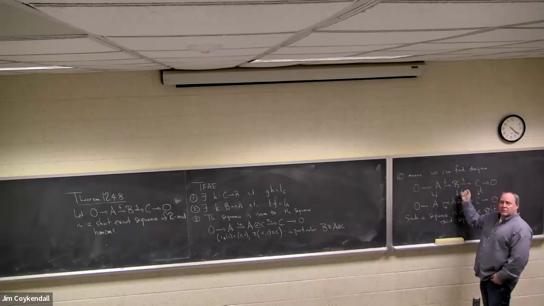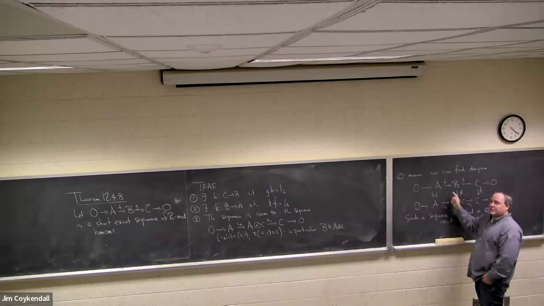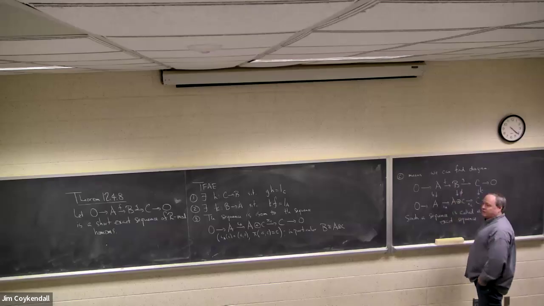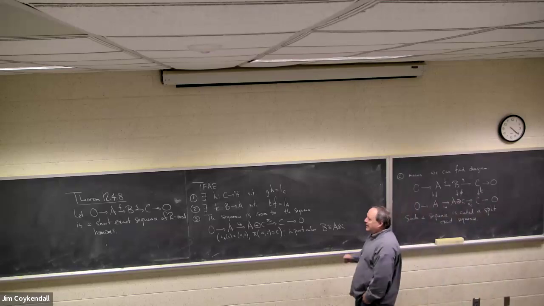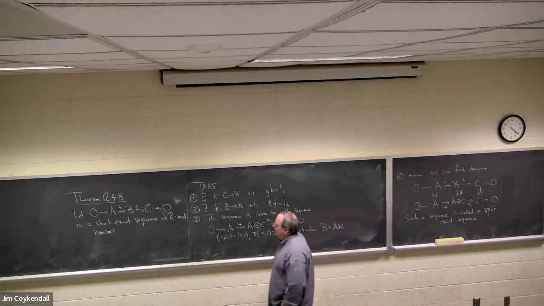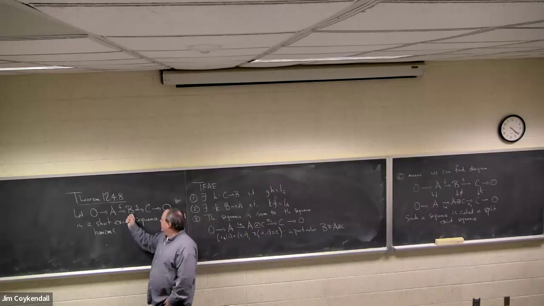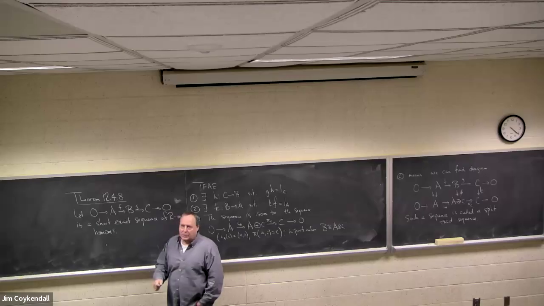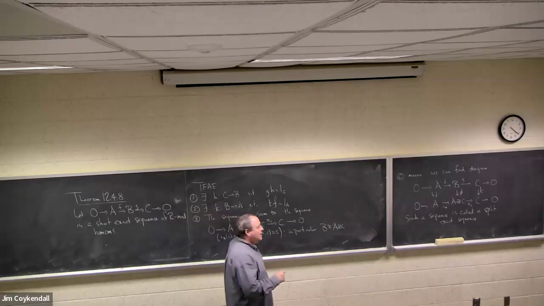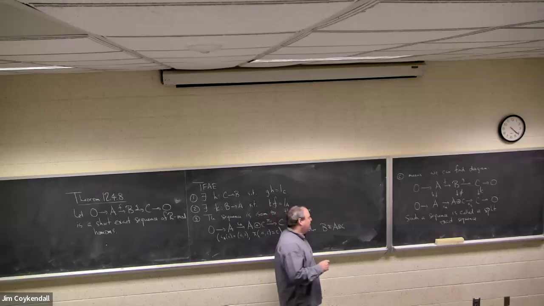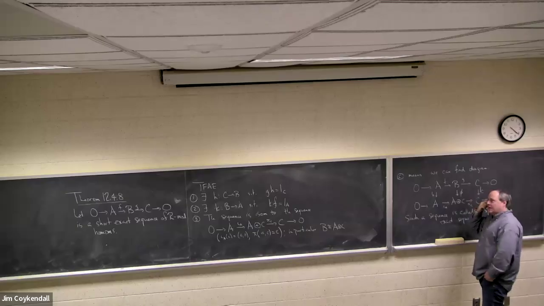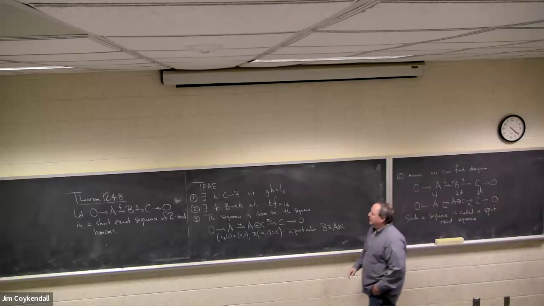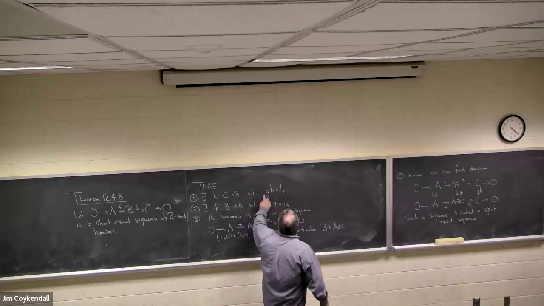We've seen some short exact sequences that definitely aren't split exact. We saw Z2, Z4, and Z2, and there's no way that splits because Z4 is not the direct sum of the two ends. Let me also point out that if the sequence splits, then the middle is the direct sum of the other two. The converse is not always true. You can have short exact sequences where the middle is the direct sum of the ends, but you don't have these maps here.